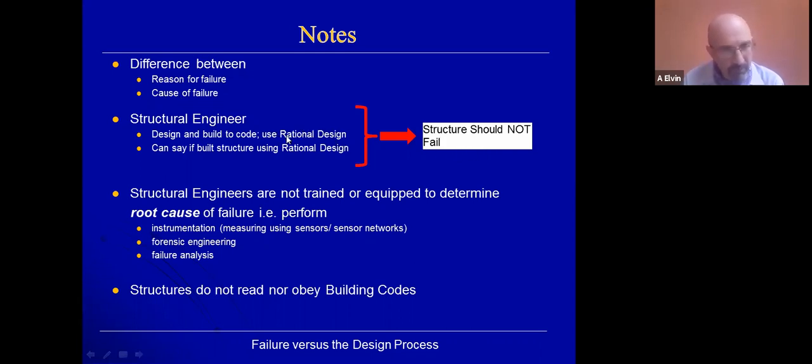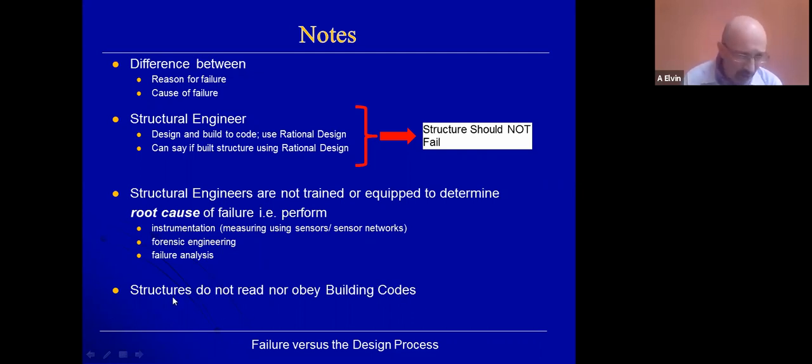Structural engineers are not trained or equipped to determine the root cause of failure. In other words, to perform instrumentation, measuring using sensors and sensor networks, doing forensic engineering and failure analysis. Structures do not read nor obey building codes.